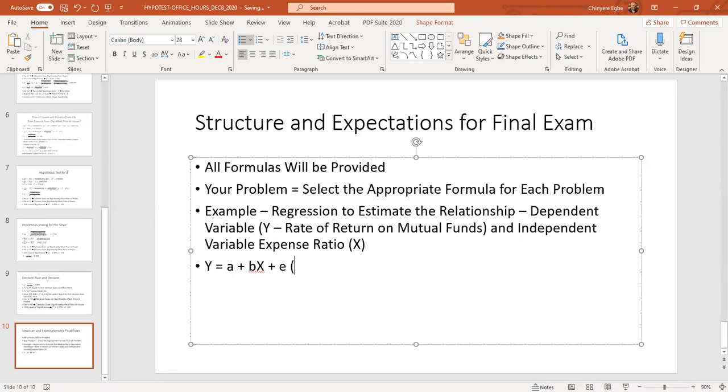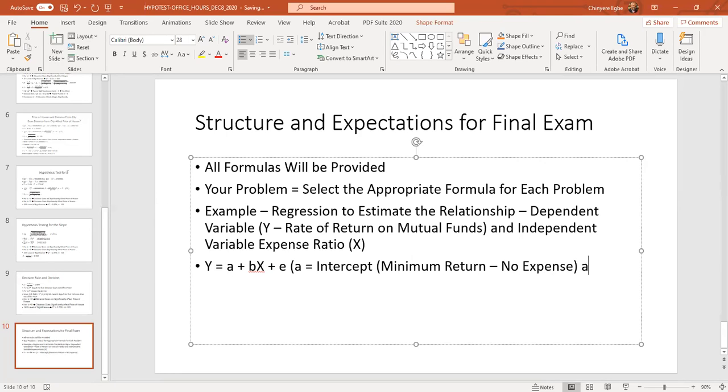So A is the intercept, which is the minimum return, essentially no expense.